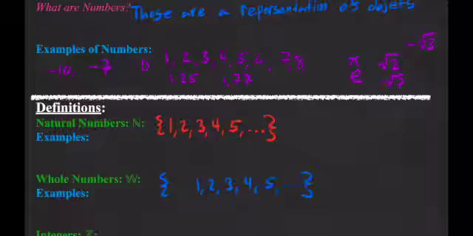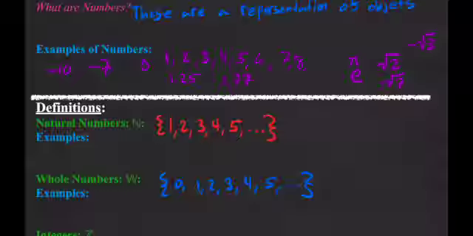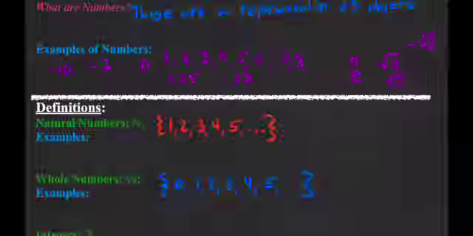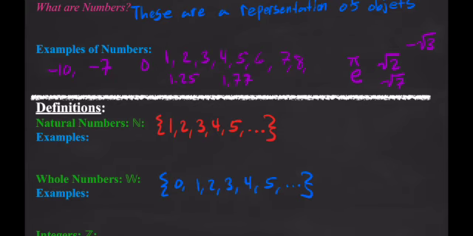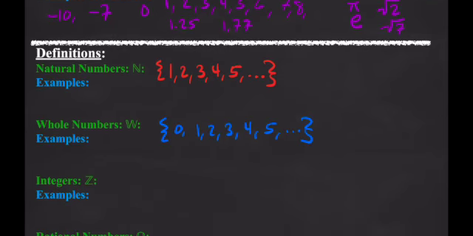Whole numbers also include just one other number, which is 0. So whole numbers, if we talk about whole numbers, it starts at 0 and goes on forever, all the way to infinity and beyond. Well, if we wanted to go on from there, integers. So we have our counting numbers. We have our counting numbers plus 0.